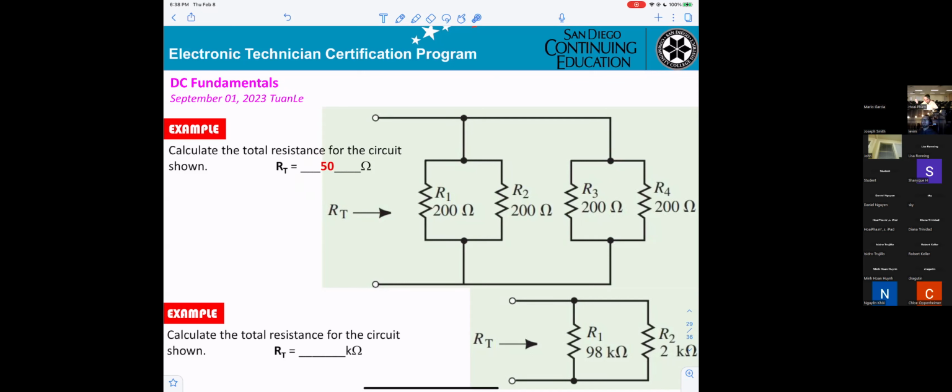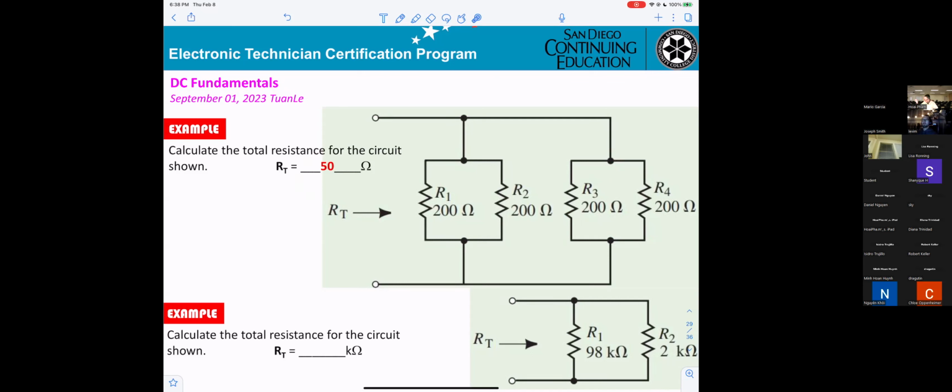Okay, last one. They're talking about current divider. Normally R1, R2 in parallel, and you get a total current coming in. Okay, if you want to calculate the current I1, then you use the current divider law.